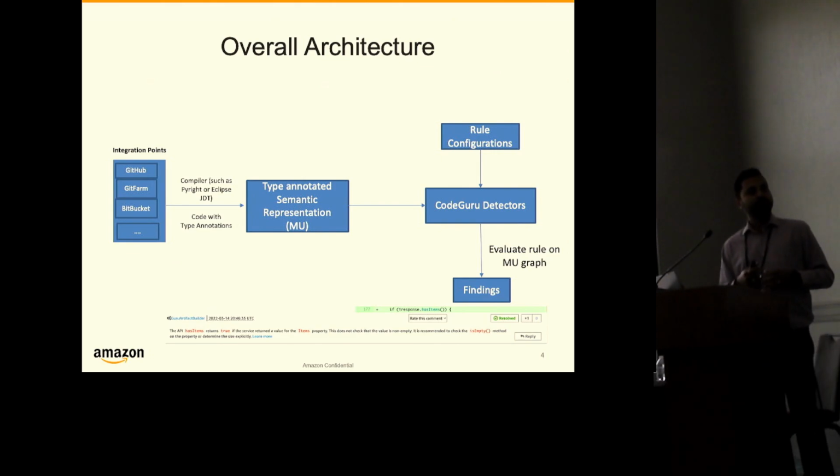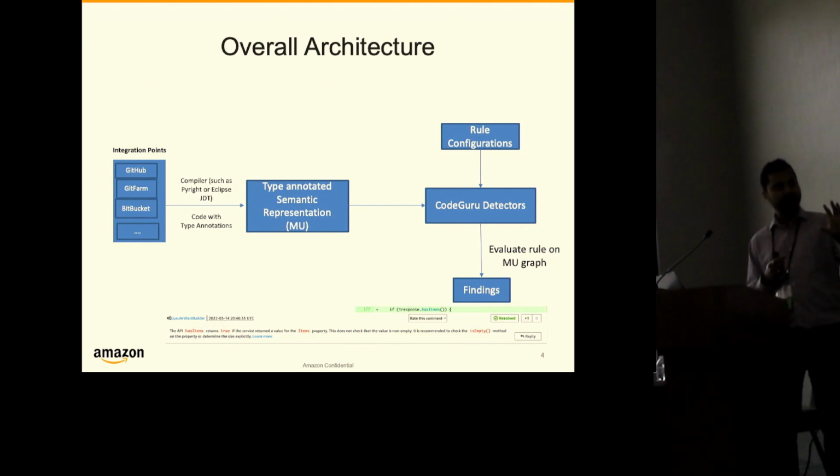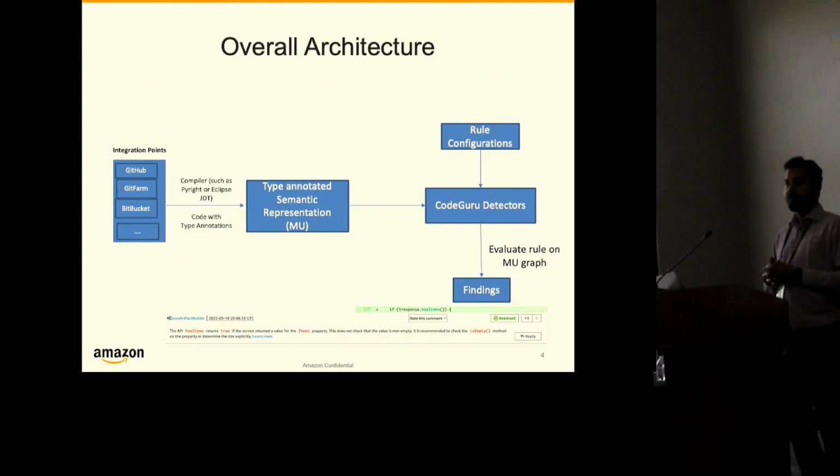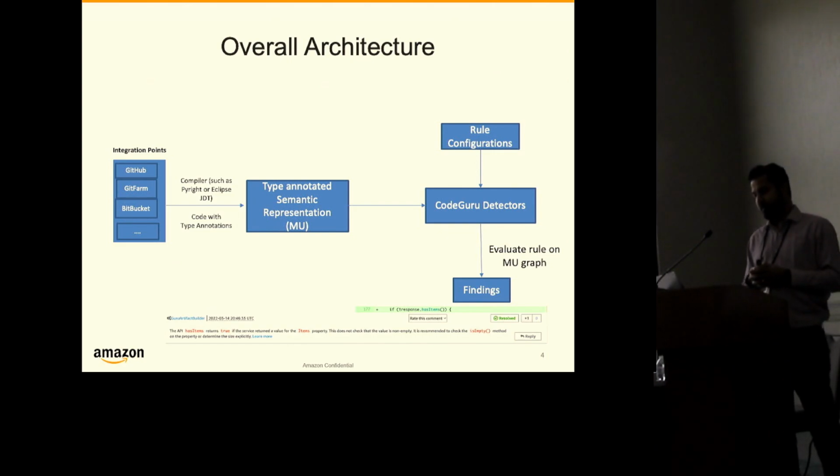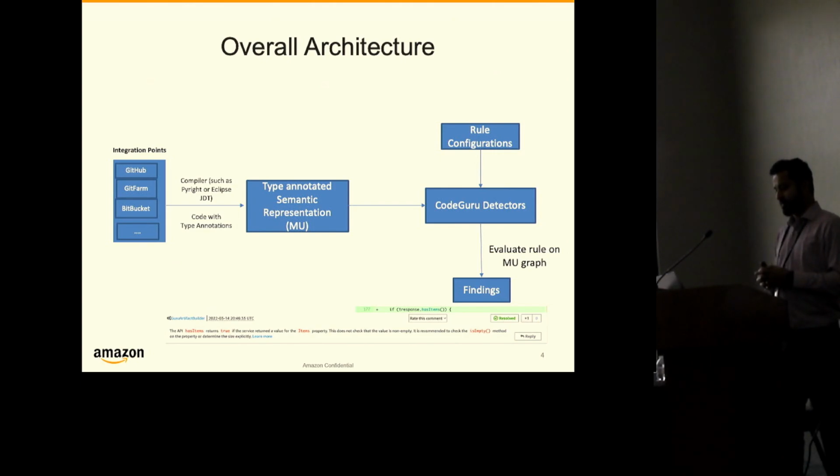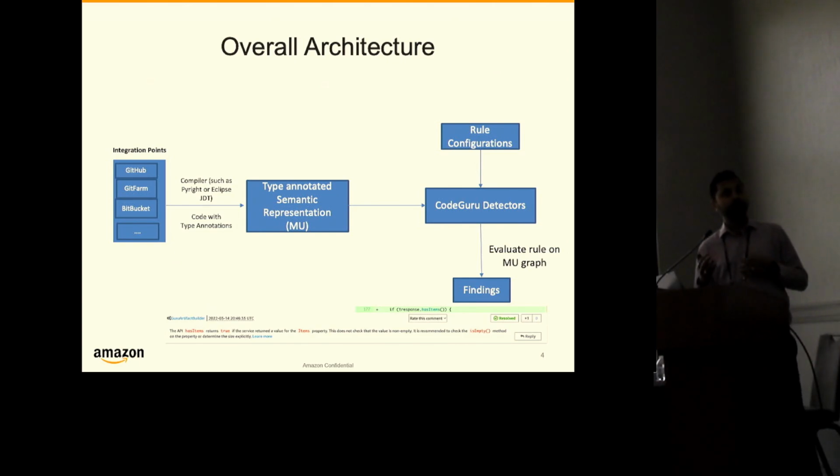And then there is some amount of type inference that goes on, so we get code with type annotations. These are represented in our internal representation language, which is called MU, the misuse detection graph. I'll talk a little bit about MU graphs in later slides. Once the MU graph is constructed from this code, we build these analyzers, which are in this slide called CodeGuru detectors.